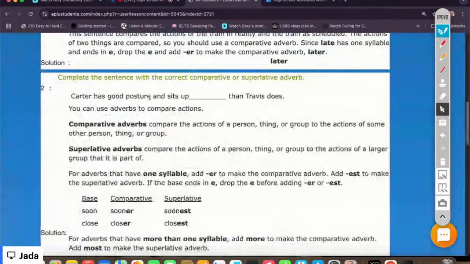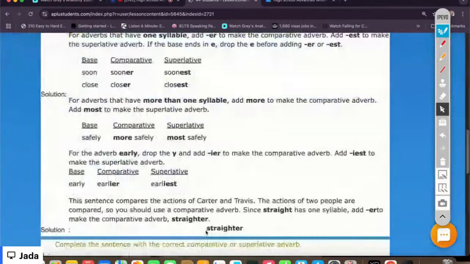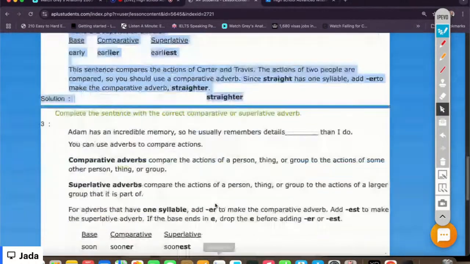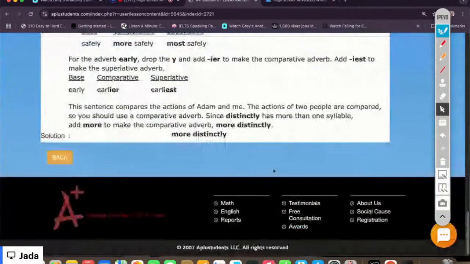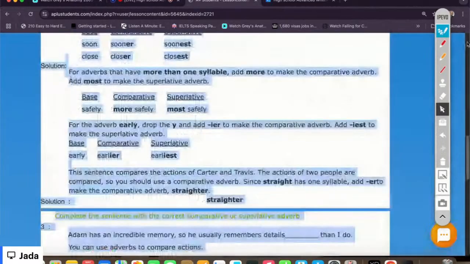Carter has good posture and sits up dash than Travis does, and it's straighter, because he's comparing between two persons. All right. Then here we have Adam has a good memory, so he usually remembers details dash than I do. So this is also comparing between Adam and me, so it is comparative. So distinctly. Okay. So we move to the test. You can share your answers with me.